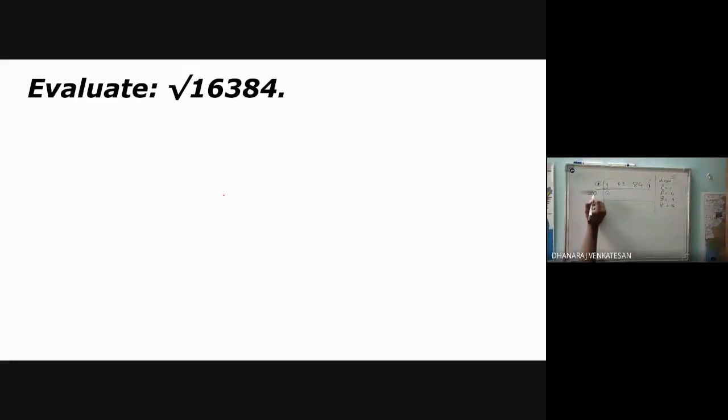You have to choose a digit here, and with that same digit you have to multiply and write the answer here. If I am taking 22, after multiplying with 2, you will get 44.